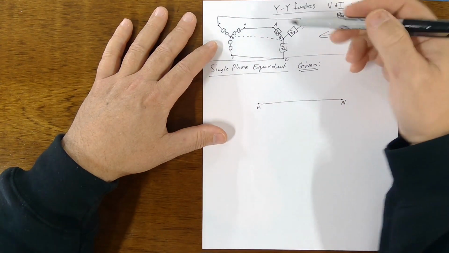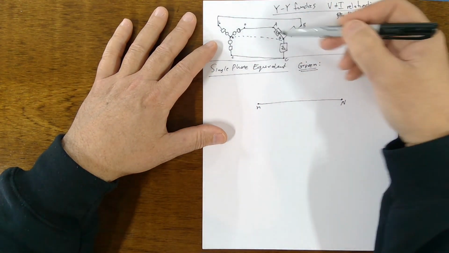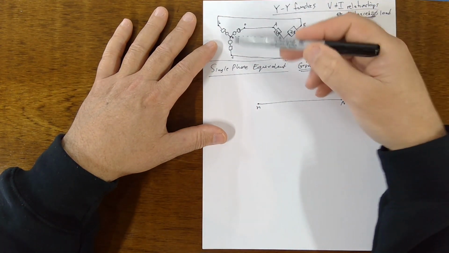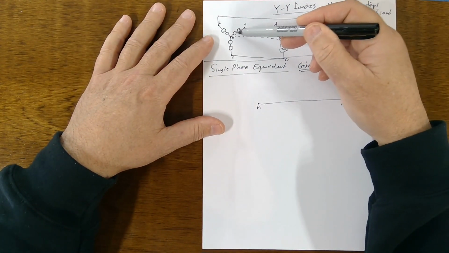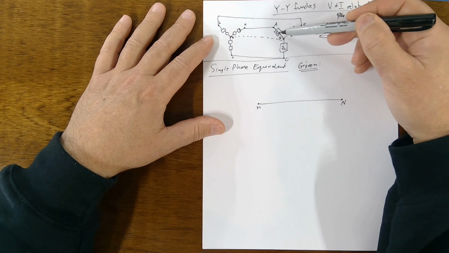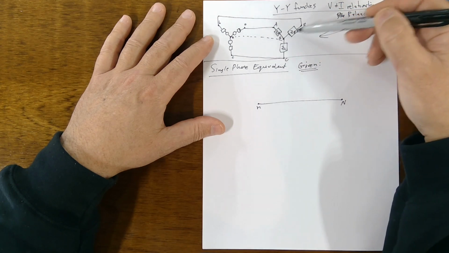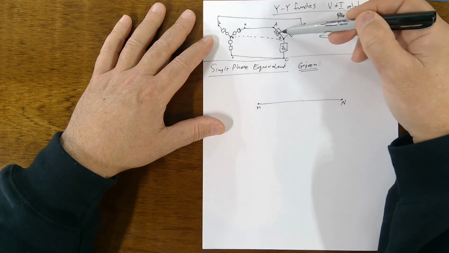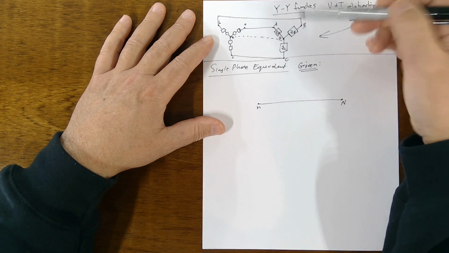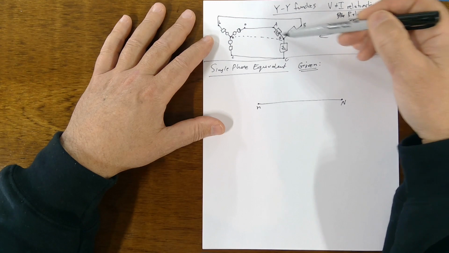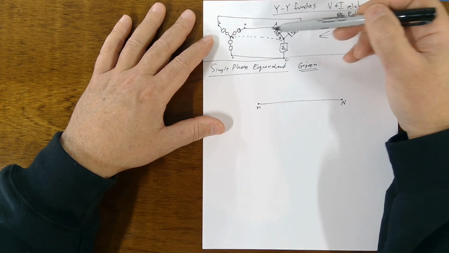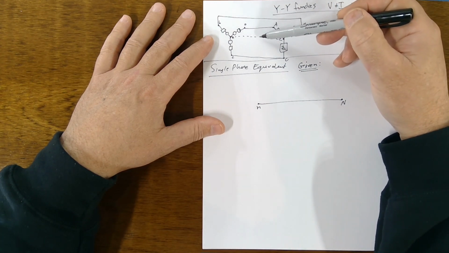In reality, in the big picture of this 3-phase circuit, the current comes in through A phase and then out through the other phases for one instant in time. And then later on, it might come this way and go back the other way. But it never goes through this guy.